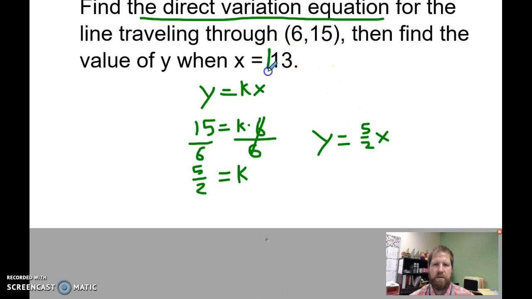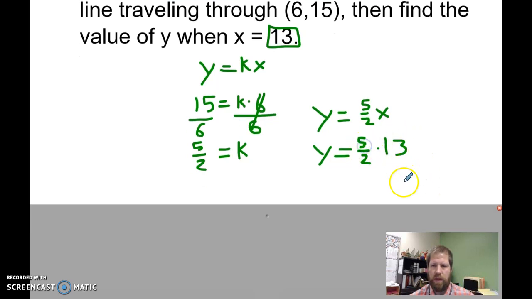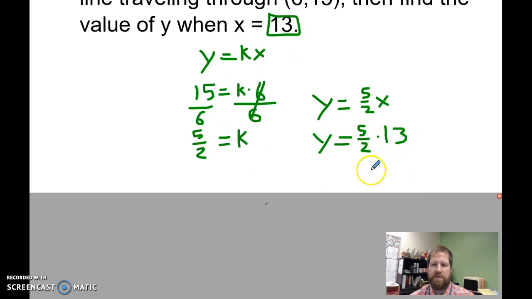And then to find out when x is 13 what y is, we just plug that in. So y equals 5 halves times 13. 13 times 5 is going to be 65. 65 over 2 is equal to y.